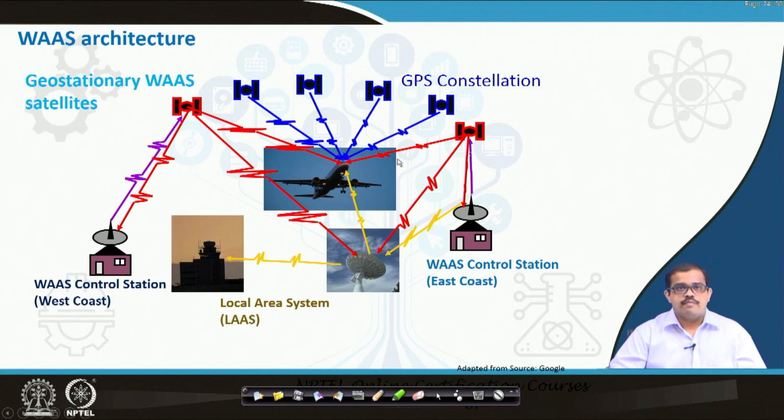A geostationary satellite covers a large majority of the earth's surface, about 45% to 60%, because it is located very far from the earth's surface, almost 36,000 kilometers away, and because of that it can cover a large part of the earth's surface.